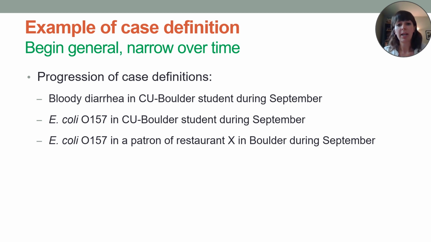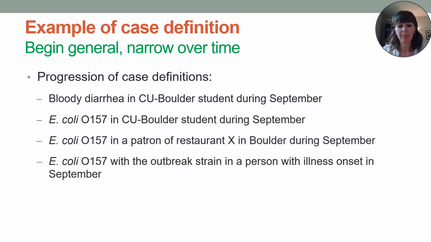The investigators entered that pattern into PulseNet and found that the outbreak was a national outbreak of a specific pattern. So the case definition changed a final time to be E. coli 0157 with the outbreak strain, the specific pattern, in a person with illness onset in September.